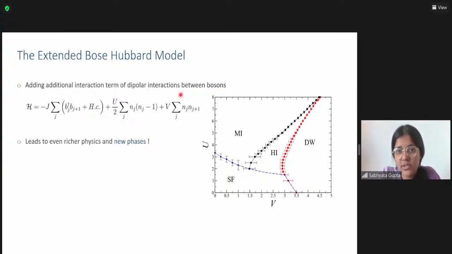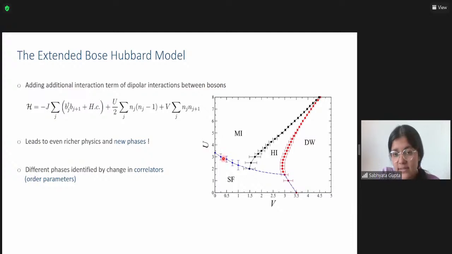Adding just dipolar interaction between the bosons on the lattice leads to new phases called the Haldane insulator and density wave, which are relatively new phases and haven't been studied as extensively as other phases of the Bose-Hubbard model. The Haldane insulator and the density wave phase have been theoretically and numerically calculated very recently, in 2004. In fact, this phase diagram is calculated with an MPS and DMRG calculation.